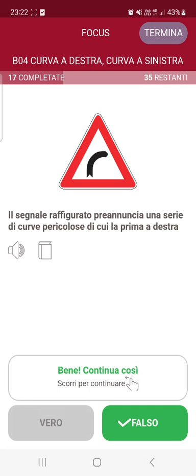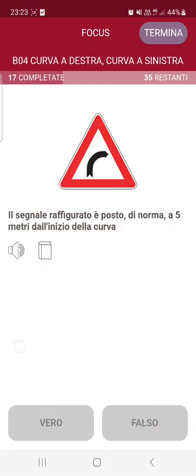But this question said this is a series of curves where the first curve is on the right-hand side. Here is not doppia curva. When it's two curves, you will see that it looks like a zigzag, like a Z. That is called doppia curva. But this one is just one curve, not a double curve, so it's falso.